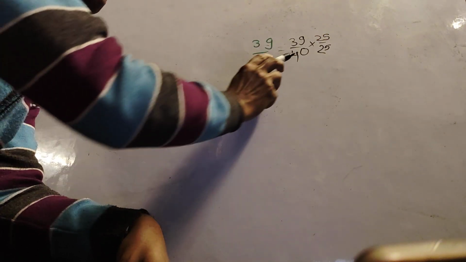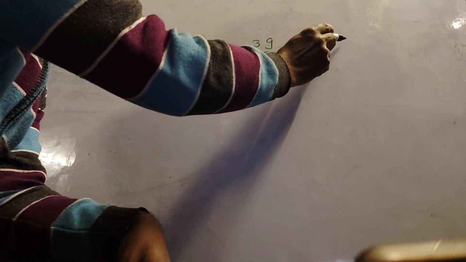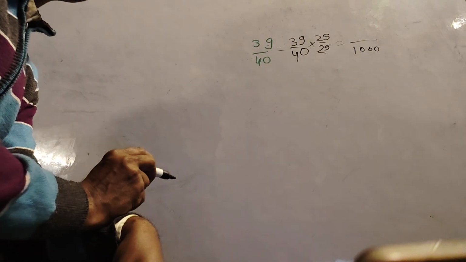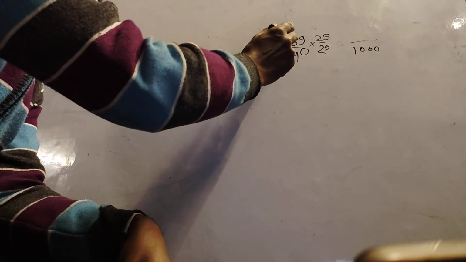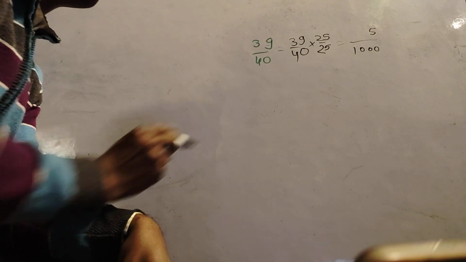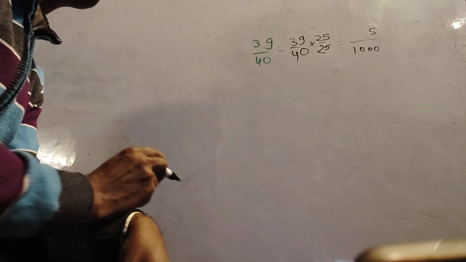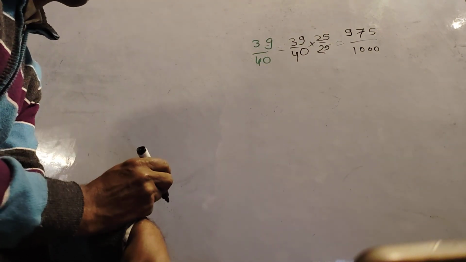The denominator becomes 25 times 4 is 100, followed by the 0, so it becomes 1000. For the numerator, we use the 25 table: 25 times 9 is 225, 22 is carry, 25 times 3 is 75 plus 22, that gives us 975.